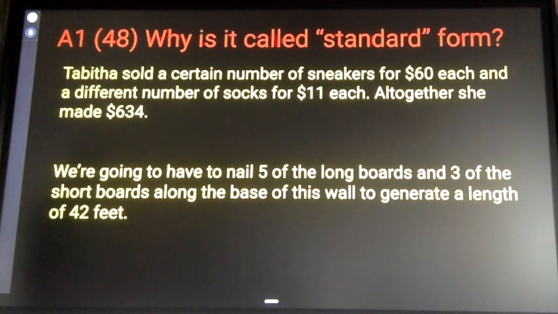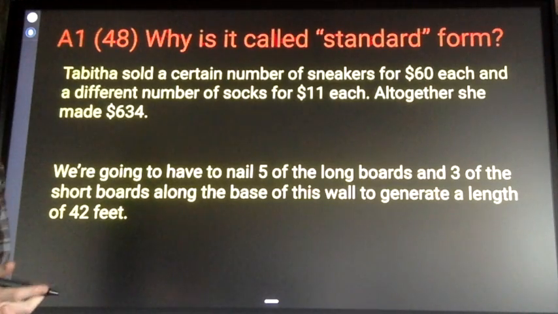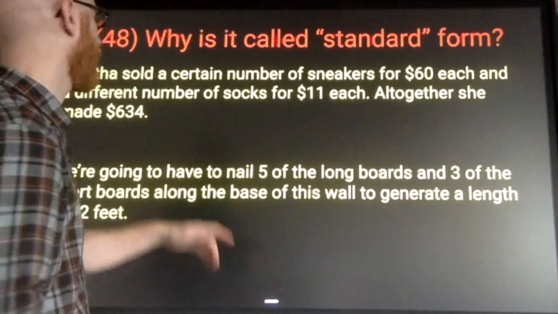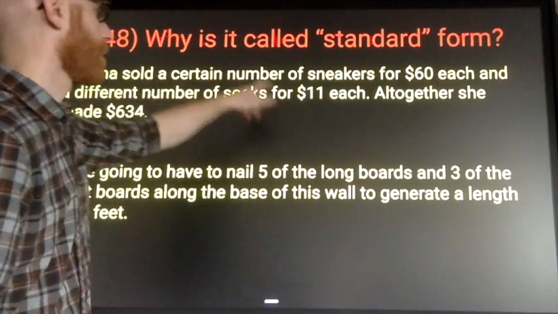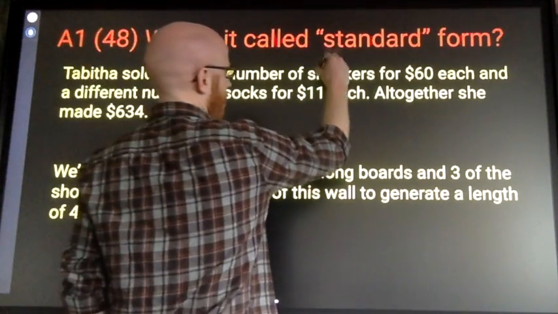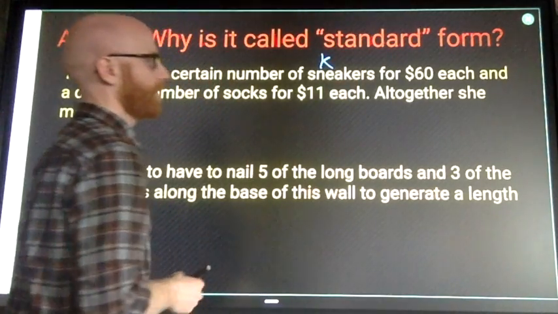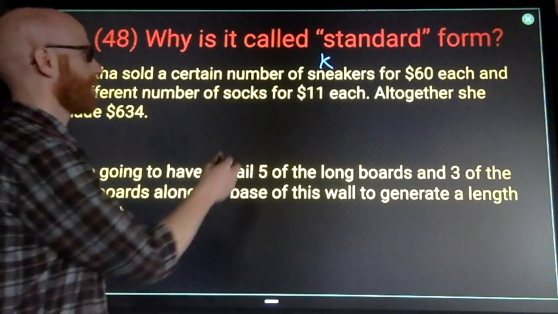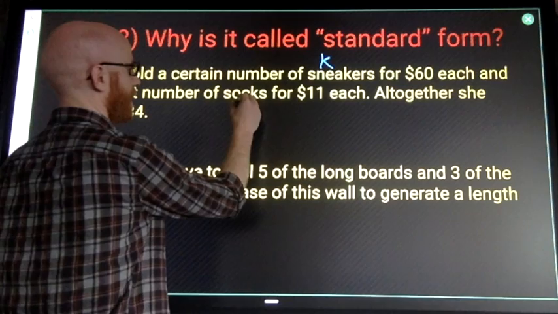Okay, if I wanted to represent that word situation in numbers, the most natural way for me to do it would be to say, I'm going to call the number of sneakers I sell K. I'm going to call the number of socks I sell C.